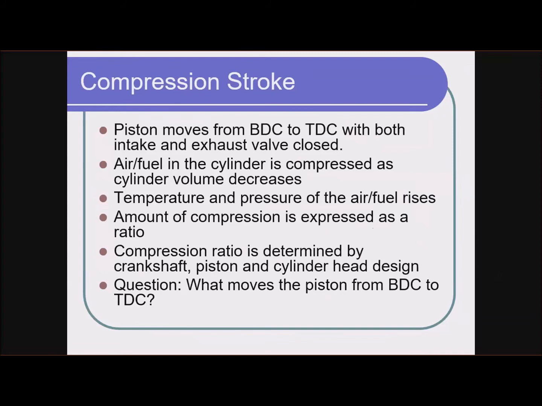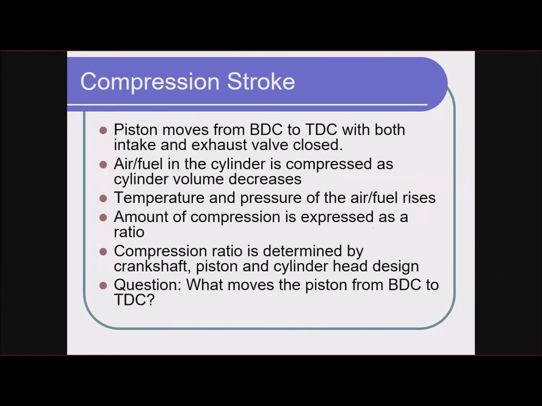So what determines the compression ratio? How far does that piston move? So stroke, right? That's determined by the crankshaft design. Some pistons are flat top. Some pistons actually have a dish on the top, so when the piston's at the top, there's more space.